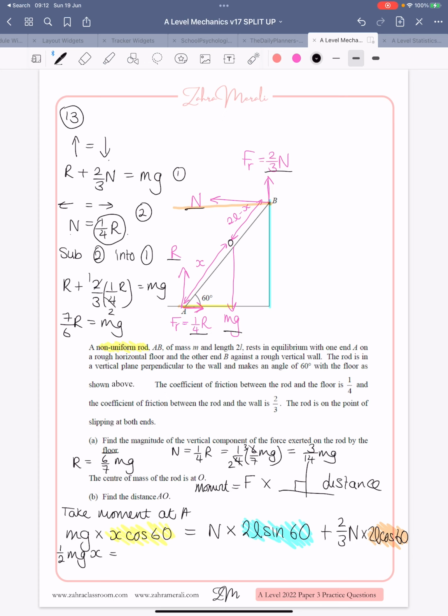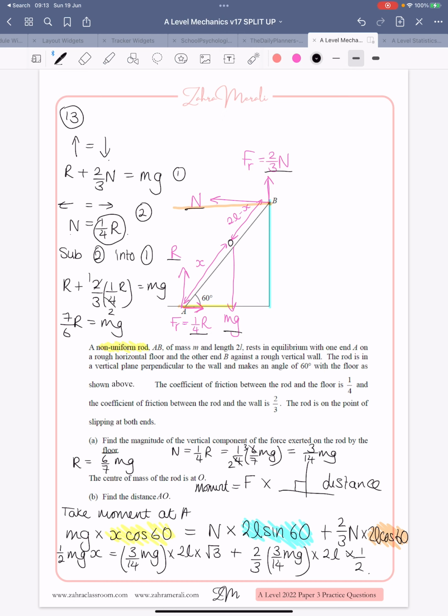So 1/2 mgx equals N, which is 3/14 mg, times 2L times sine 60, which is √3, plus 2/3 N, and N is again 3/14 mg, times 2L times cos 60, which is a half.